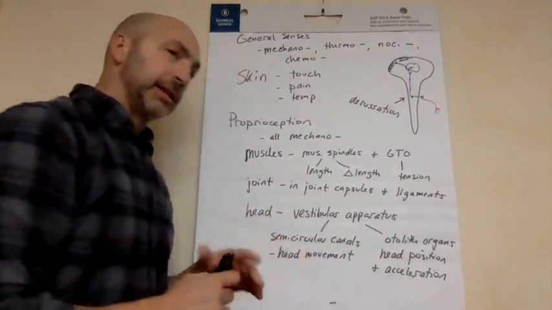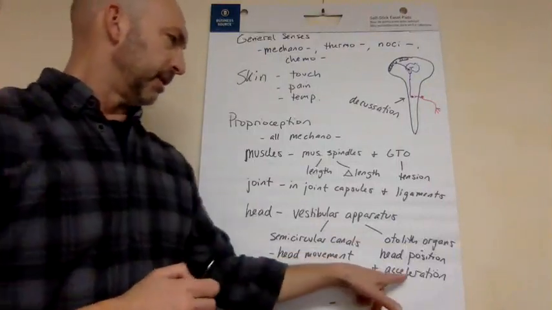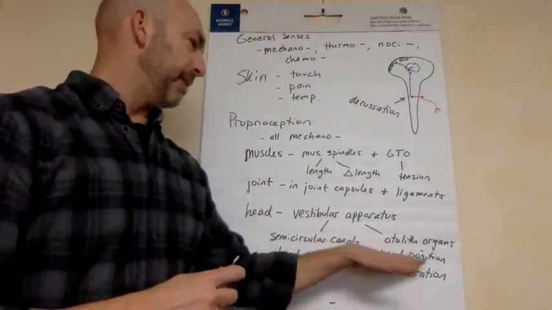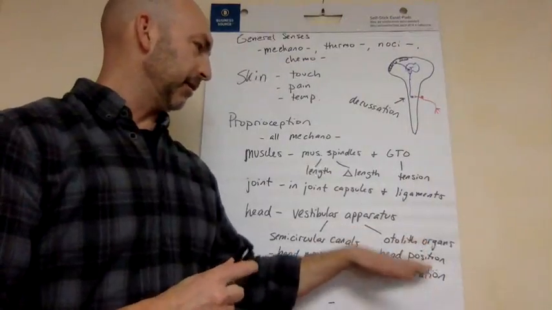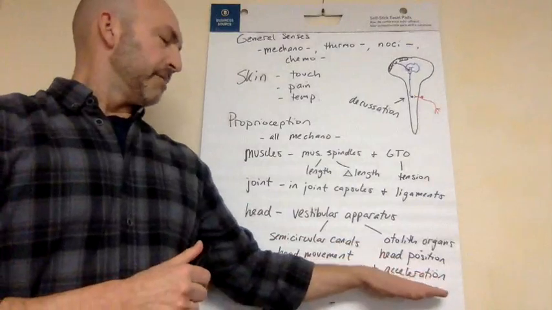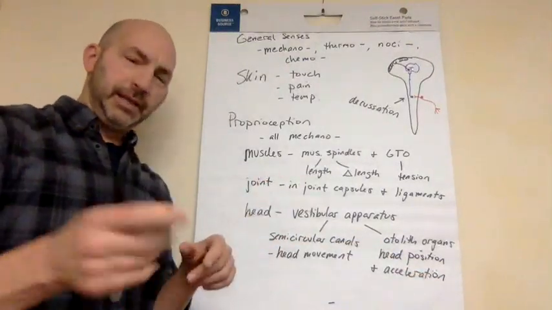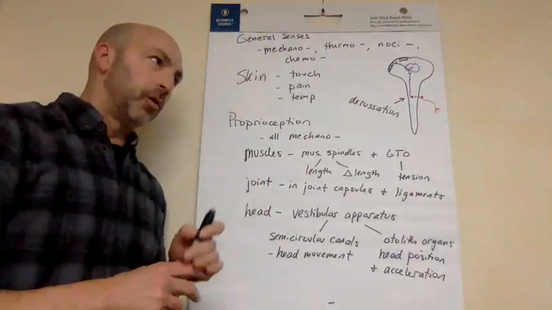Now the acceleration is a different set. Those are the otoliths. The head position is in the otoliths, and the acceleration is in the otoliths, right? Head movement. But the acceleration bit allows us to sense both linear acceleration, the example I gave you about being in a car, or vertical.